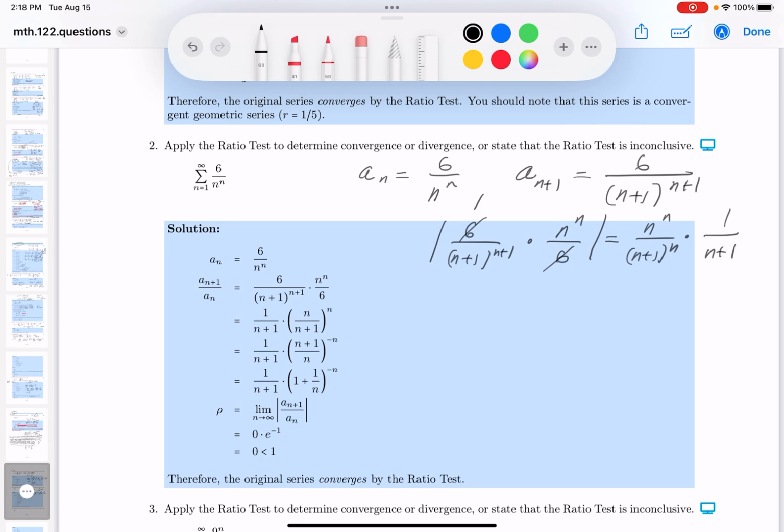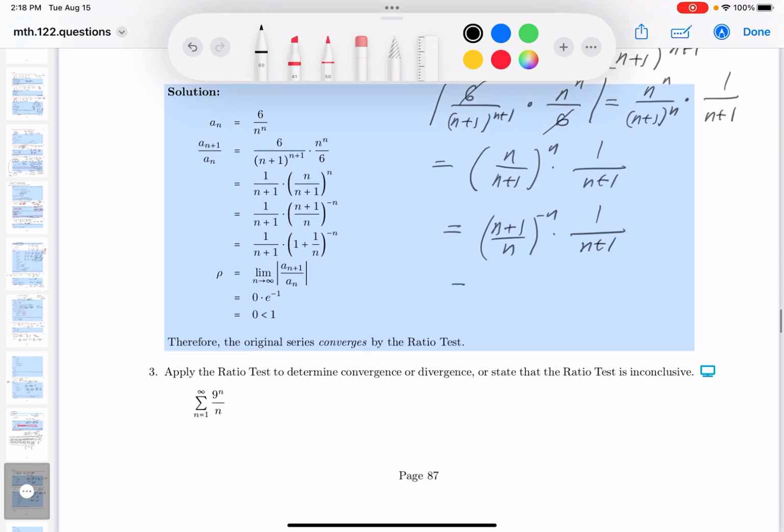I'm going to continue to rewrite that. I'll do the limit later. And I'm seeing this as n over n plus 1 to the n times 1 over n plus 1. Now this limit's more difficult. I'm looking at it though, and it's bringing back a deja vu to me. I'll write this over here. I'm going to write n plus 1 over n to the minus n times 1 over n plus 1. All right?